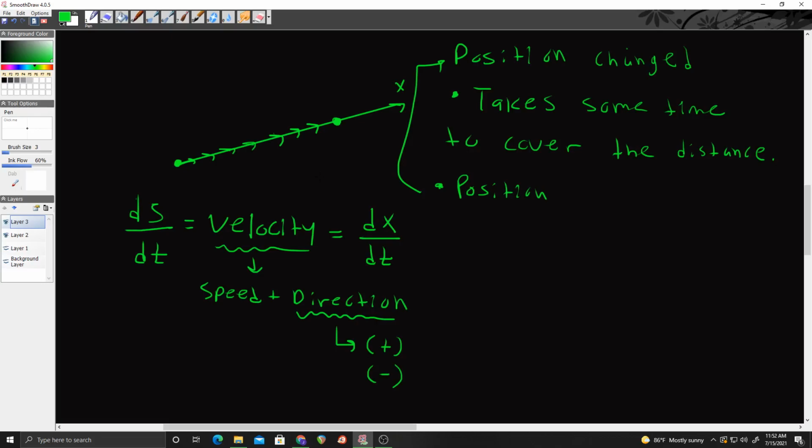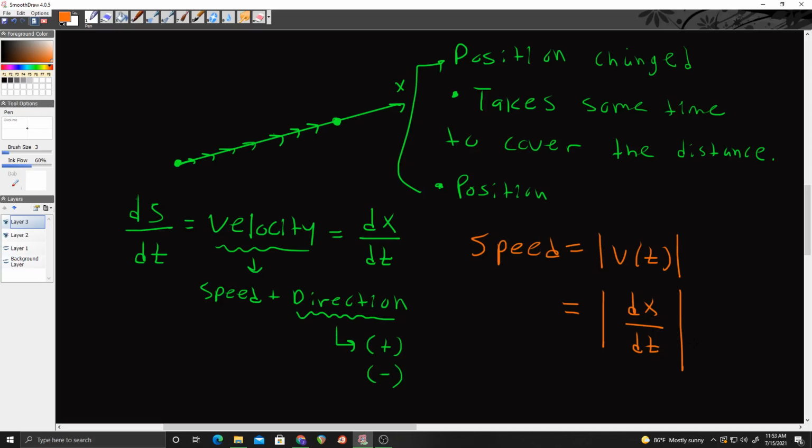All right. Now, let's get some other stuff out of the way that's really important. This one here, speed. Speed is the absolute value of velocity. And again, velocity, if we're talking about one dimension, is dx dt. So you take the derivative, and then you just take its absolute value, make it positive.